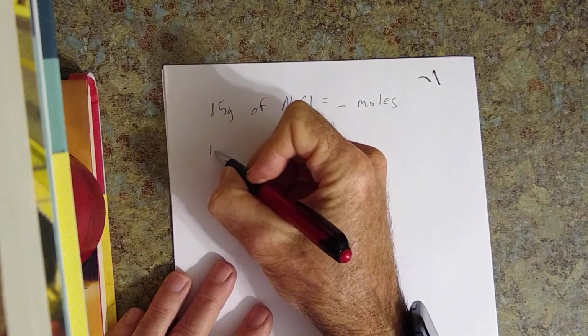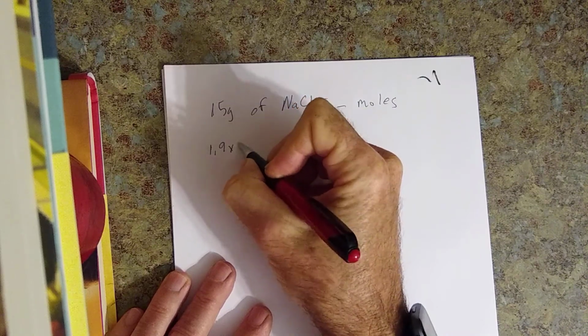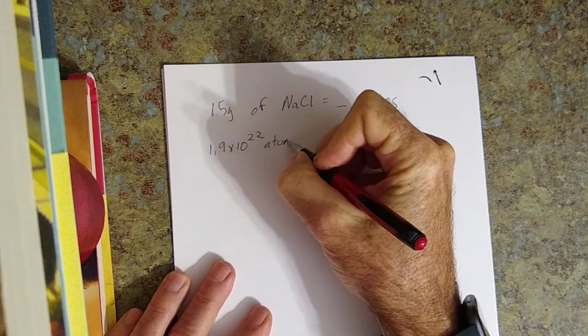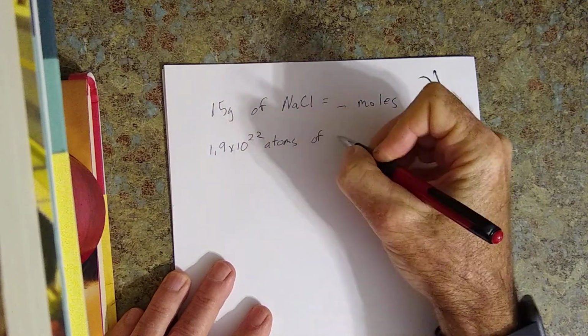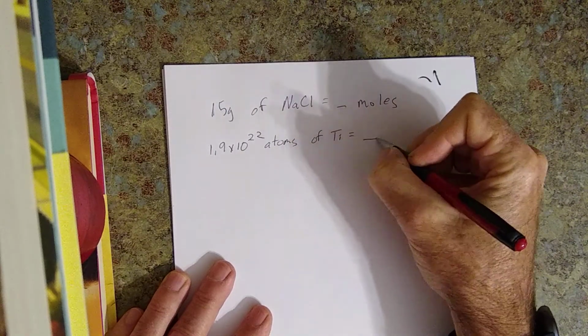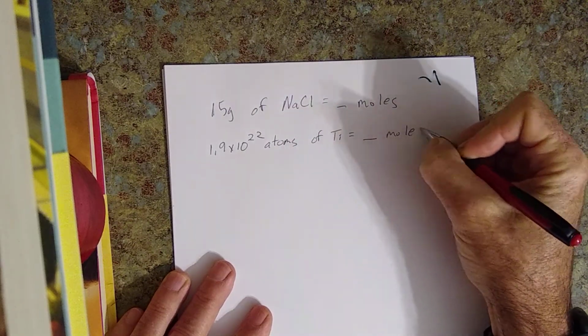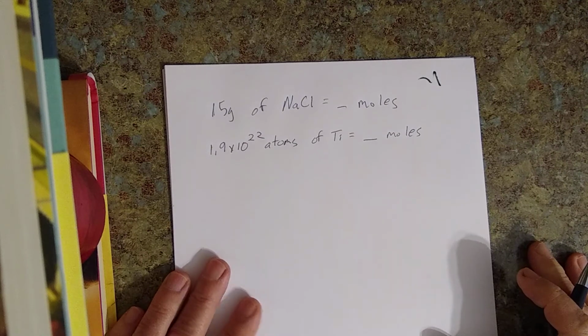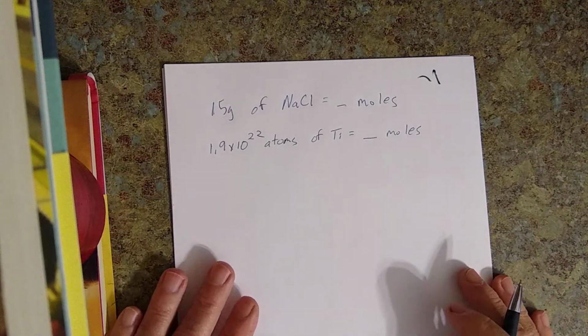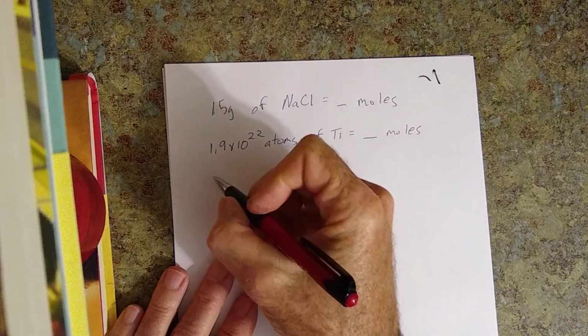Next problem. 1.9 times 10 to the 22nd atoms of titanium is how many moles? So those are simple problems. Those are some one-step problems right there. Let's do a couple of other one-step problems.